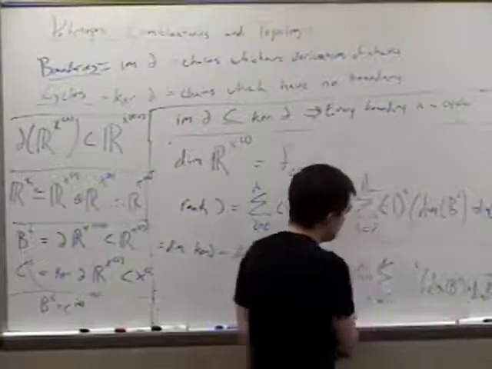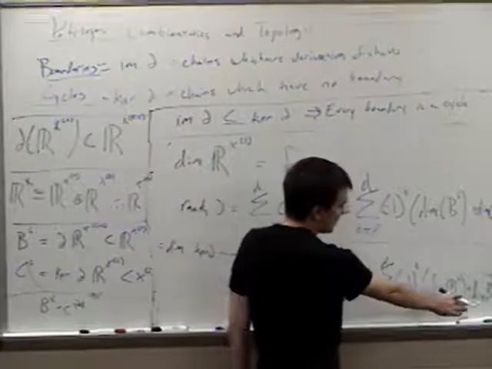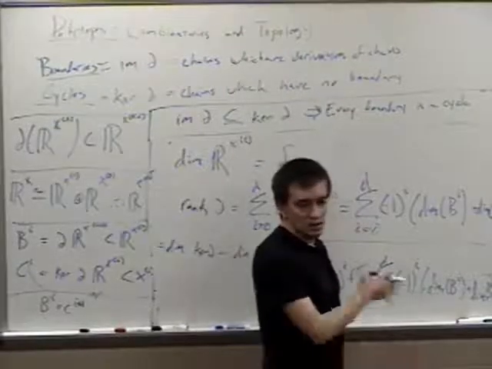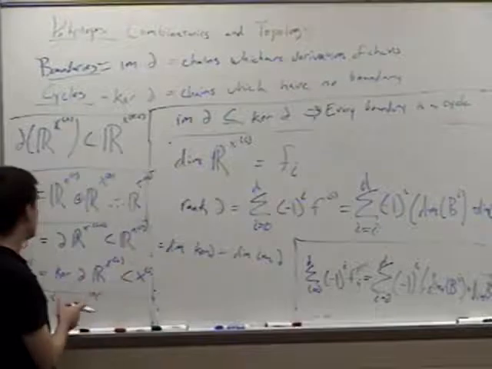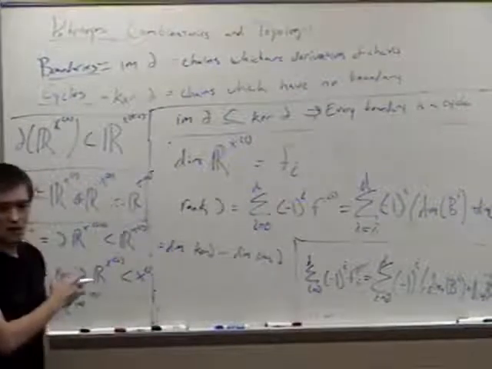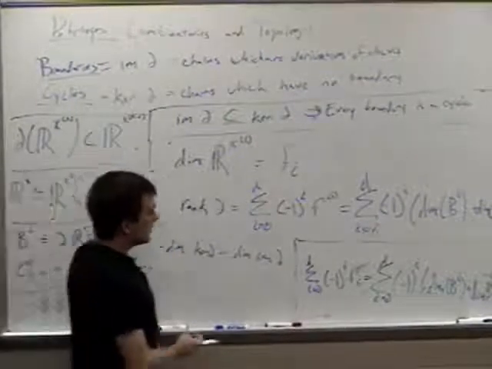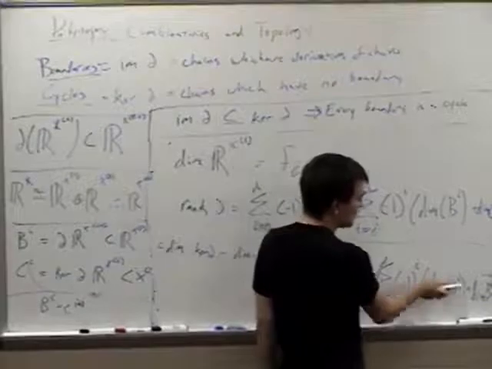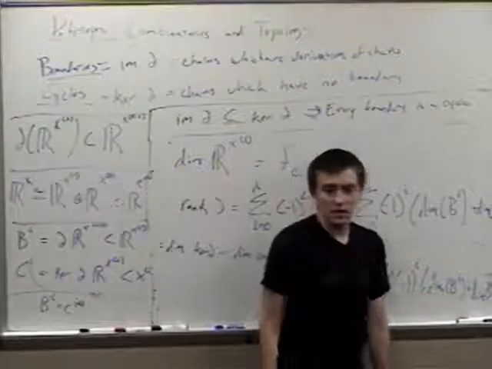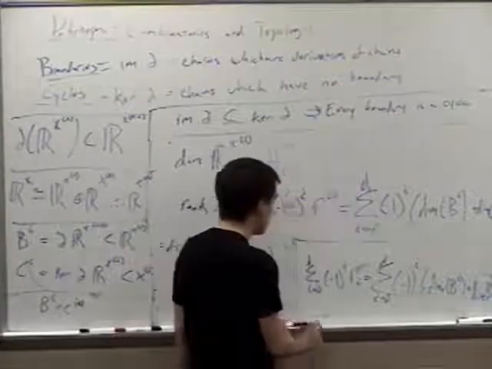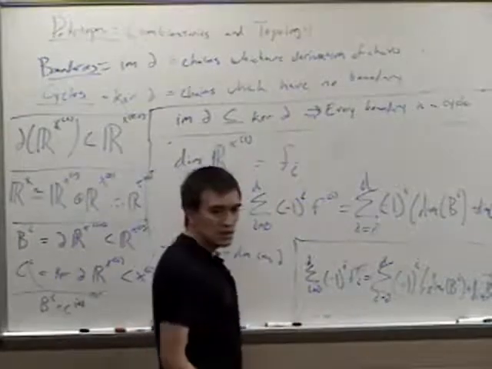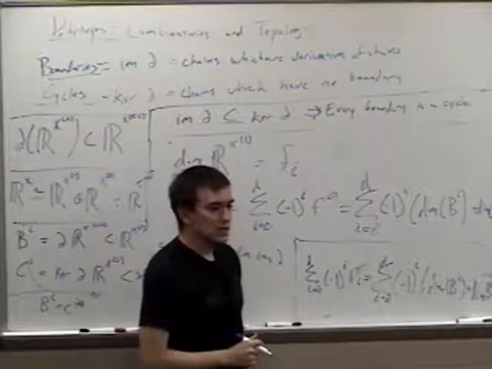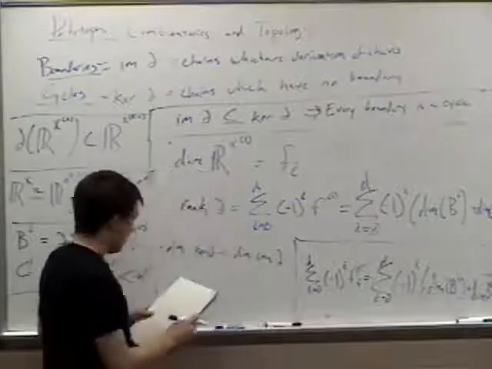Right. So if I write this out here, just using the fact that the cycles are going to be equal to the dimension of the boundaries one dimension higher, I now have an alternating series here, so I can cancel out each subsequent b_i at the end. And what I'm left with here is I just have the dimension of the 0 cell, and then the final dimensional cell, right?